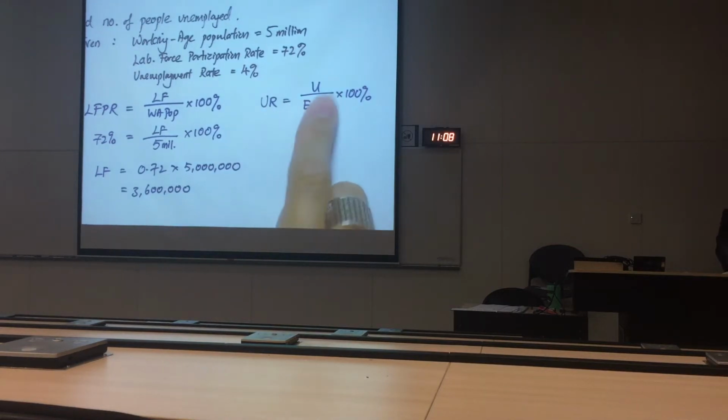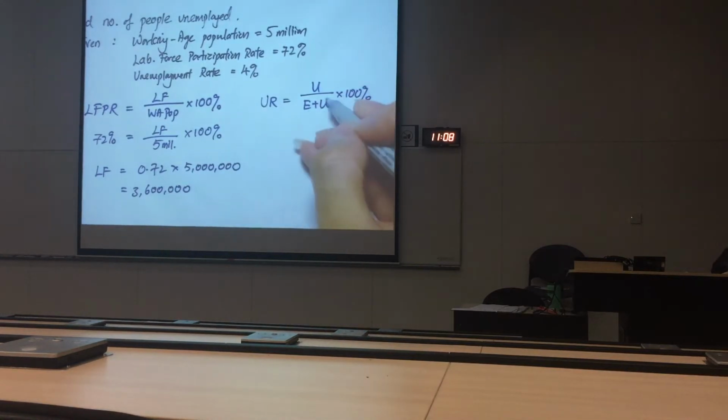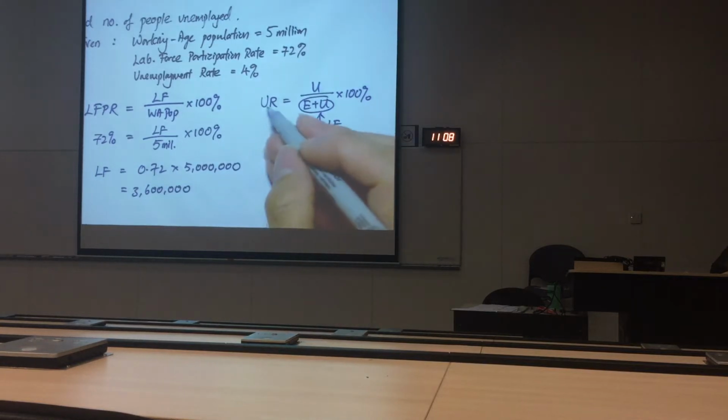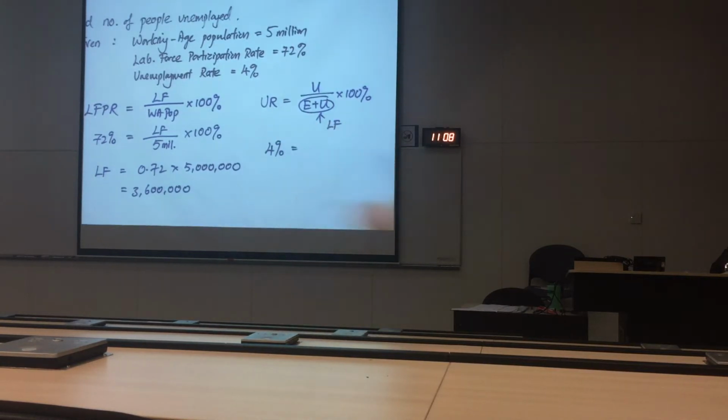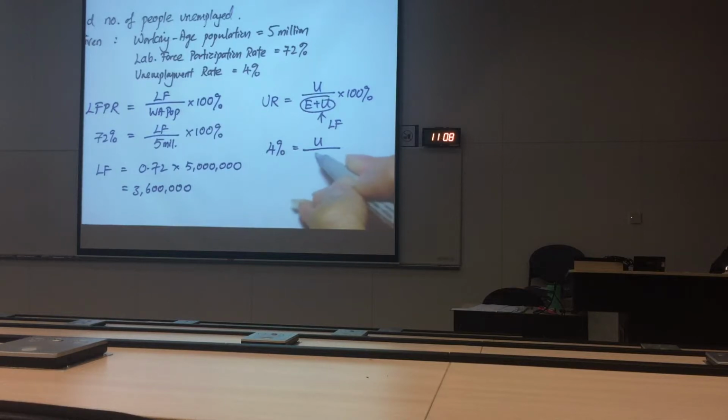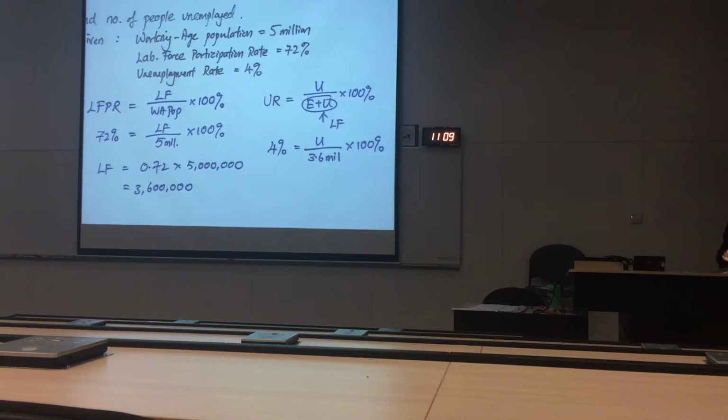the unemployment rate, number of people unemployed, divided by E plus U, which is the labor force. Unemployment rate is 4%. You're trying to find U. The labor force is 3.6 million. Same thing.